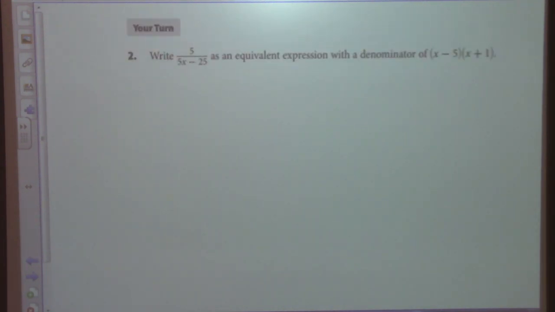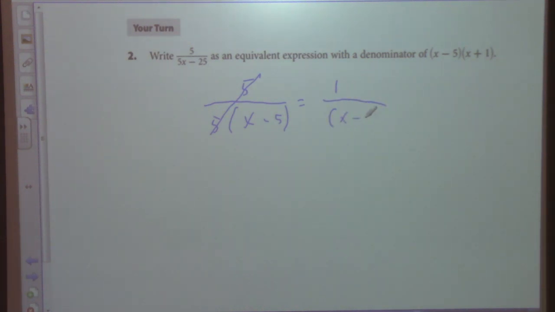Okay, and then it has your turn. 5 over 5x minus 25 as an expression with a denominator of x minus 5 and x plus 1. So right here, you can take your denominator, and this can be 5 times x minus 5. So we have 5 up here, and that's going to cancel out, right? That's 1. So we have 1 over x minus 5.